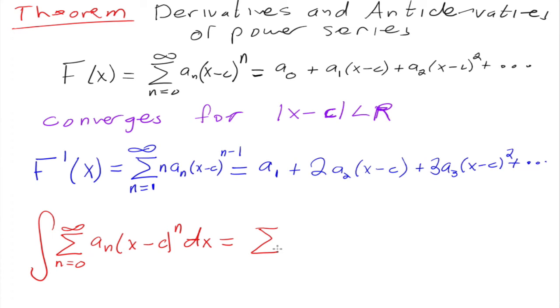So take the a sub n out, I don't have to really worry about it. The antiderivative of x minus c to the n is x minus c to the n plus 1, over n plus 1, times a sub n. And where do I start? n equals 0, just keep it at 0.